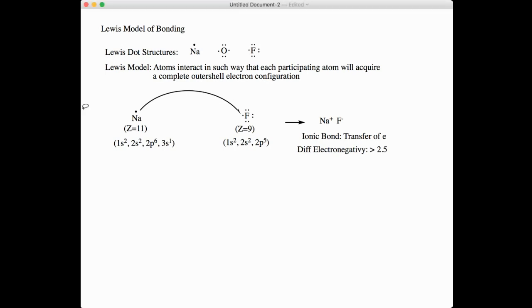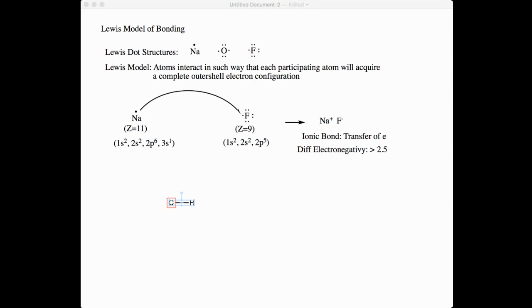Now, when you have another kind of bond, and I'm going to say this briefly because we are finishing and we will get into this in more detail in the next class. Let's say a bond between carbon and hydrogen, okay? I'm going to show you here the values for electronegativities.